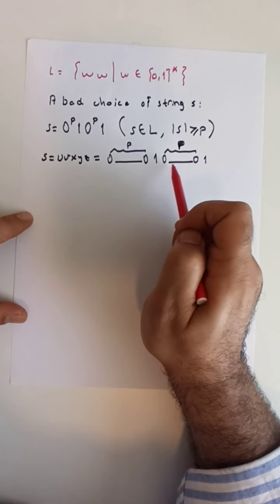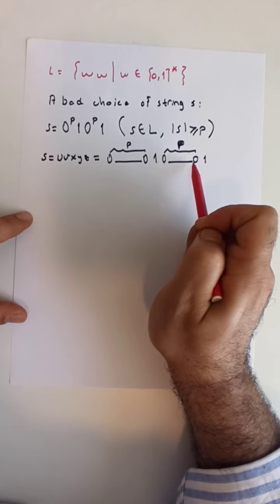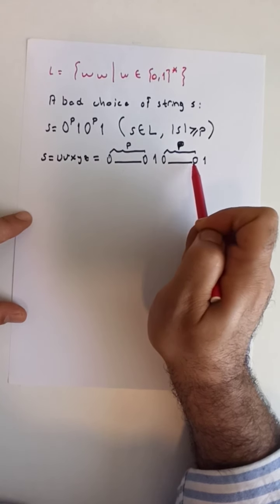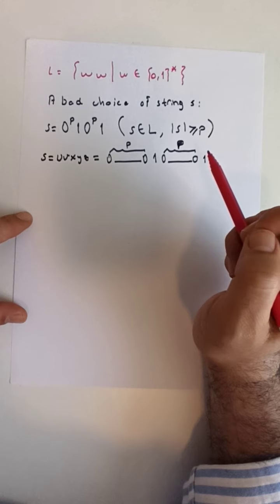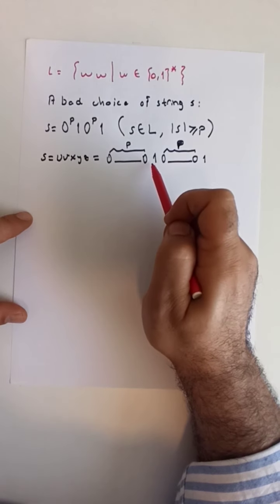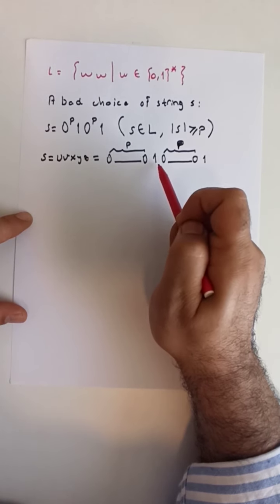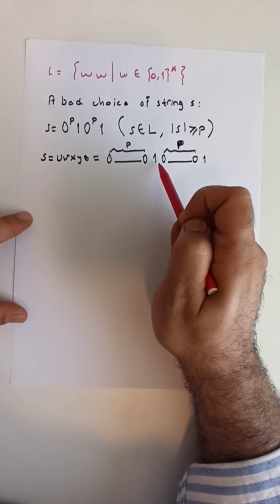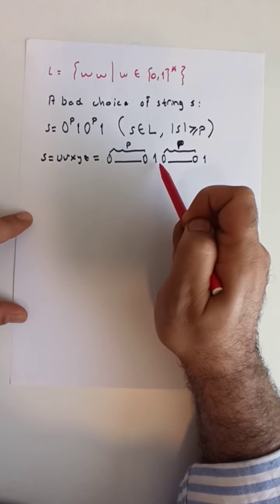We can do the same thing for the case where vxy belongs to the zeros in the second half as well. And the same thing can be done for the case where vxy is simply a 1 in here, because we know that v or y is not epsilon.